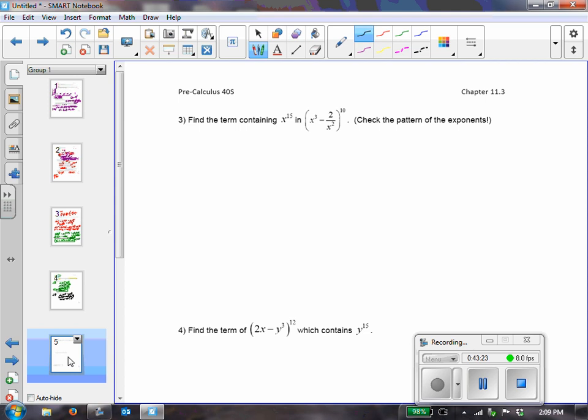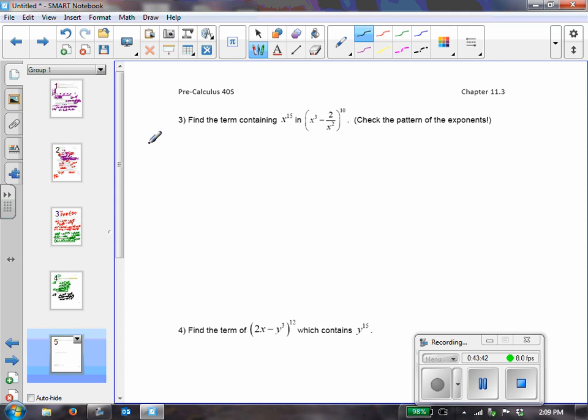I wish. Find a term that contains x to the exponent 15 in this. That's a very valid question. Got to check the pattern of exponents. So you're going to have to do some quick things.